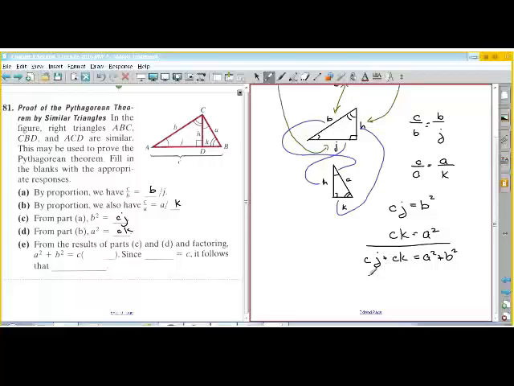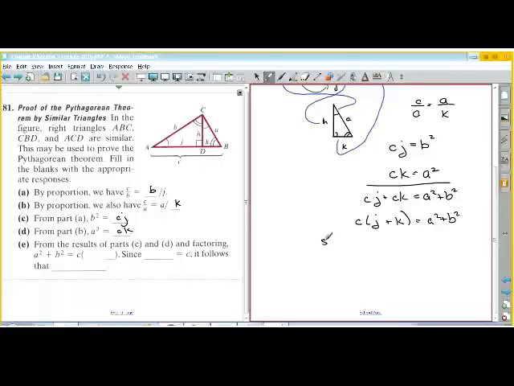So it almost looks like the Pythagorean theorem. We have A squared plus B squared. If we factor out the C, since C multiplies each term here, it becomes C times J plus K. But if we go back to the original formula, K plus J equals C. So since J plus K equals C, we can rewrite this as C times C is equal to A squared plus B squared, or A squared plus B squared equals C squared.